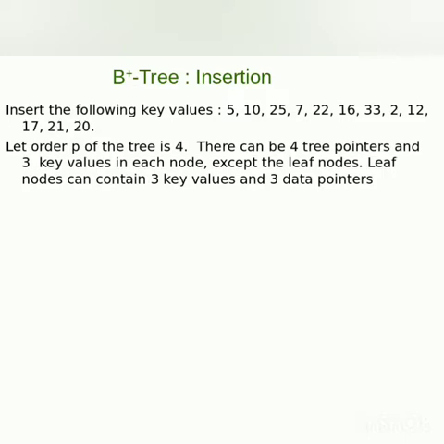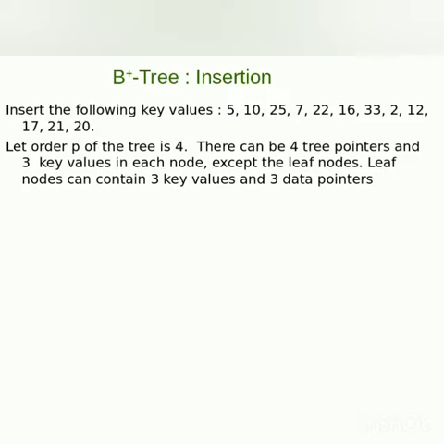Let us start. One more point: please understand that you always insert the values in the leaf node. Therefore, the idea is that you search down to the exact tree node where the key value is to be inserted. If there is space, you can insert.